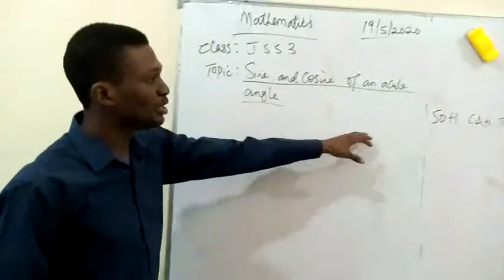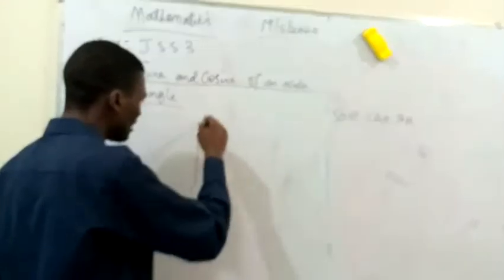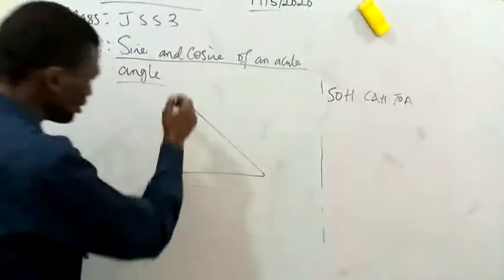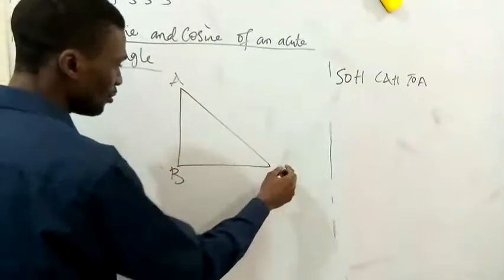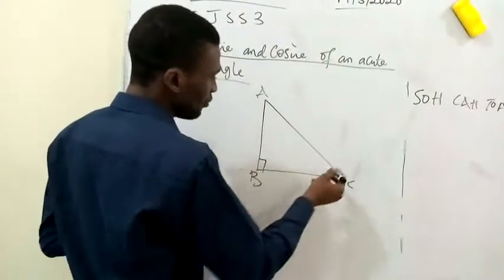Now this principle is only true for a right angle triangle. Remember, we drew a right angle triangle in our previous class, this triangle ABC with angle B being 90 degrees. If we call this theta.